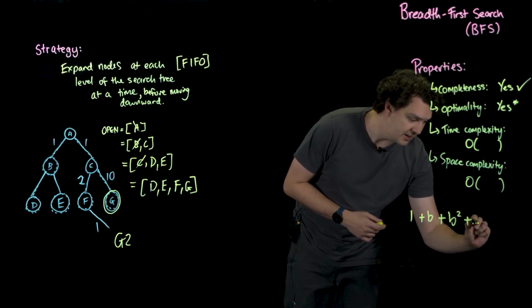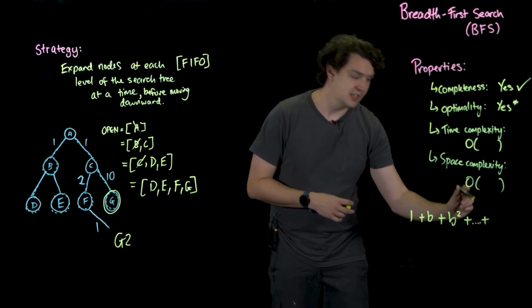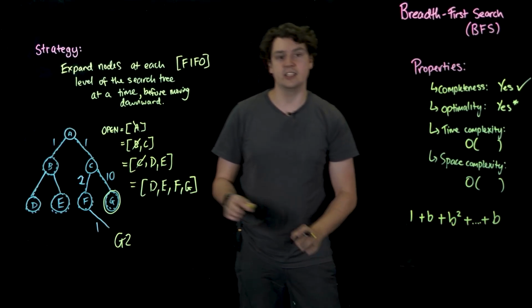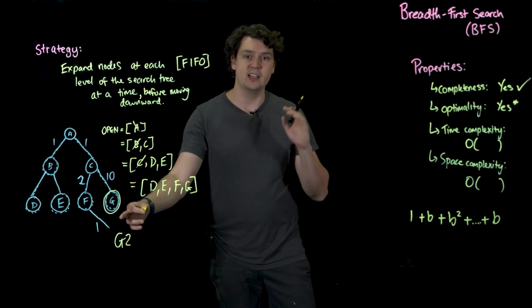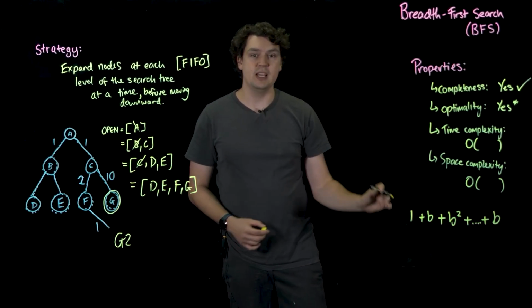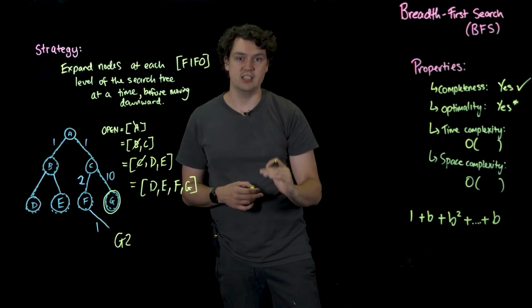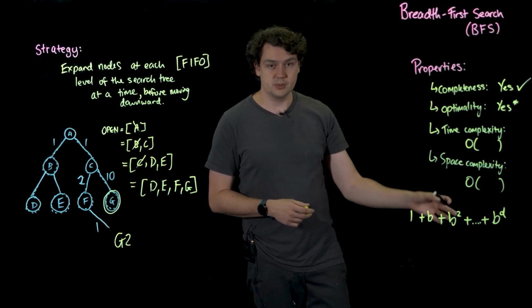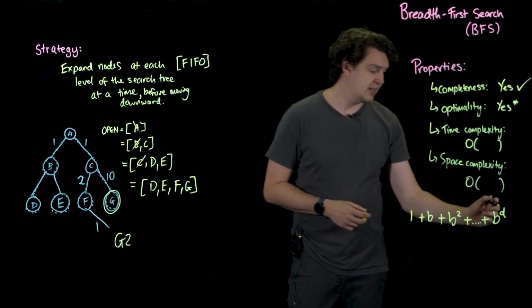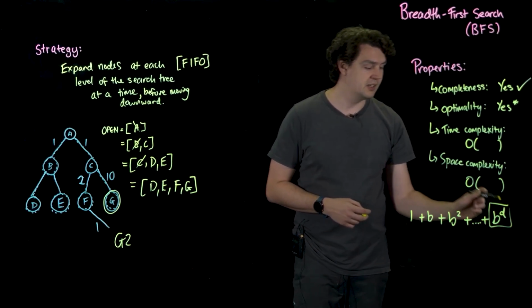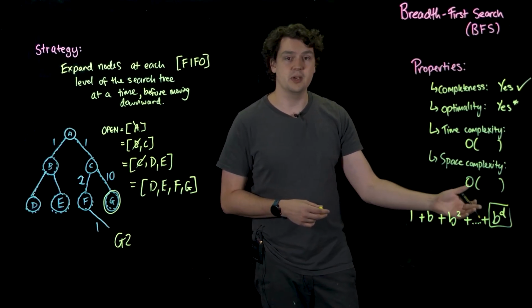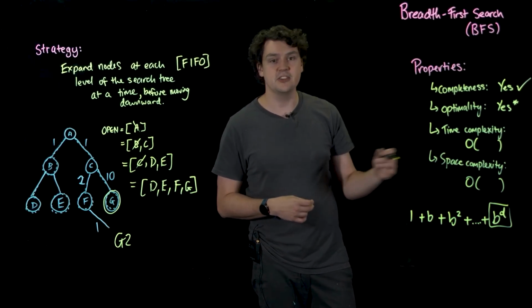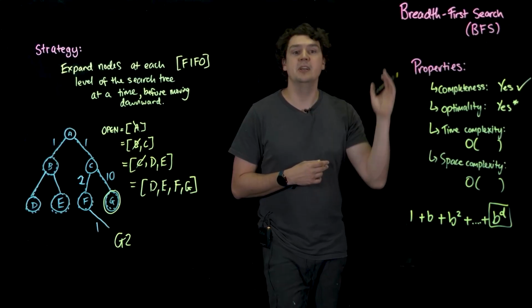We can write out this series generically such that when we finally get to the goal node, it will have b to the power of whatever the depth of the solution was. So b to the d. Now, because we have a sum of polynomials here, when we're talking about big O notation, the final term is the one that's going to dominate, and that is what corresponds to big O notation, right? Like the b to the d term dominates the rest.